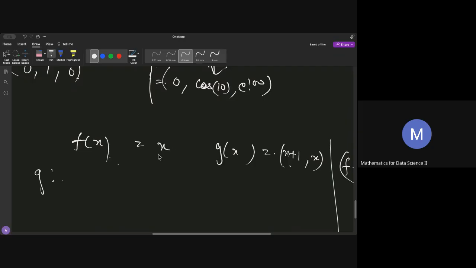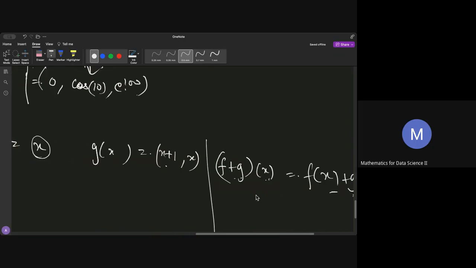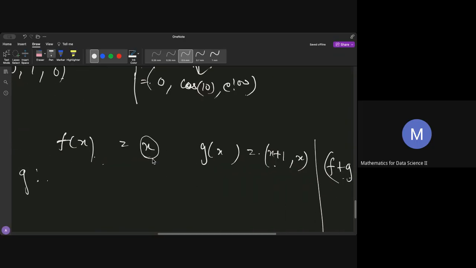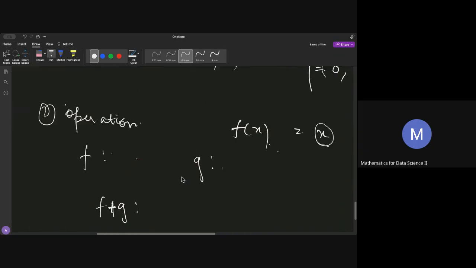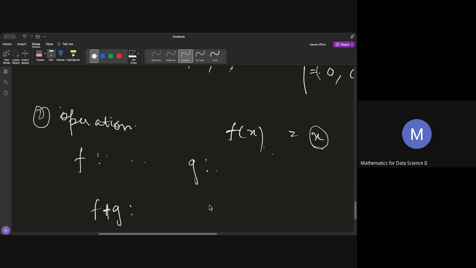If this is one dimensional, can I add a one dimensional vector to a two-dimensional vector? That is impossible, so the sum will not be possible here. That means your codomain should have the same dimension, right?